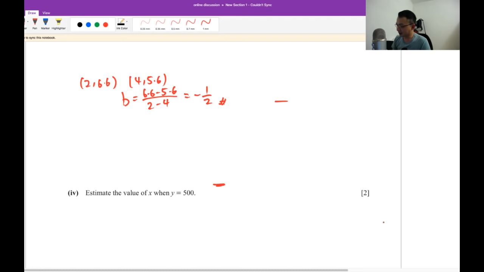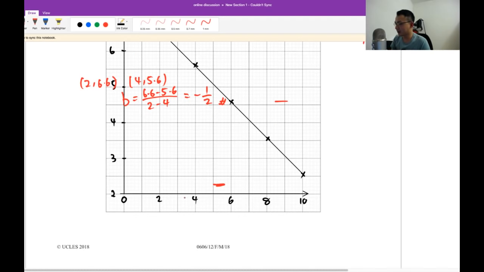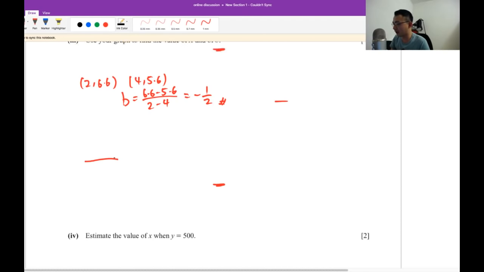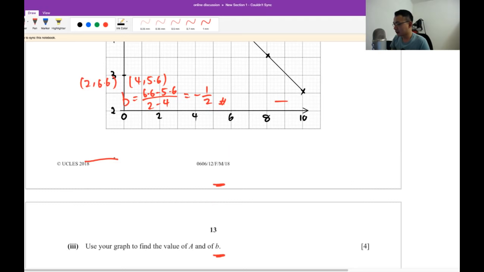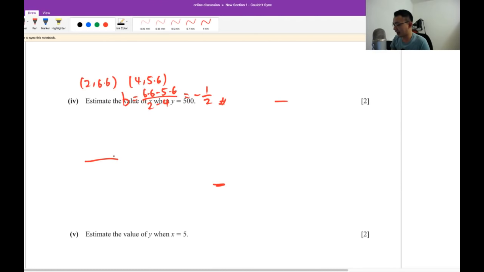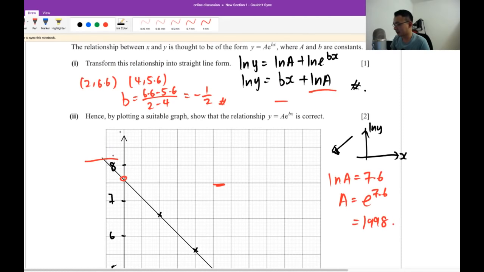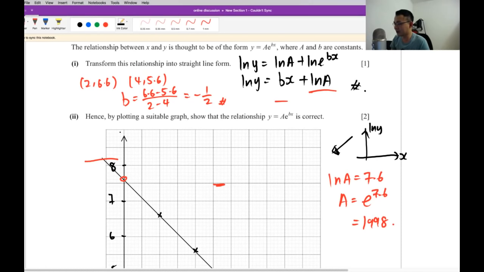Okay, the next one, they ask you to estimate the value of x when y is 500. When you see the word estimate, basically you need to do it from the graph. So when y is 500, oh my god, it's hanging again. But never mind, let me just restart the things.